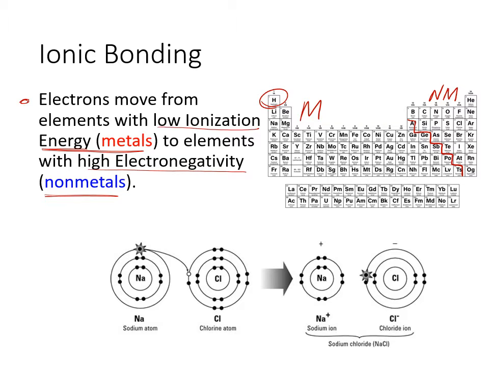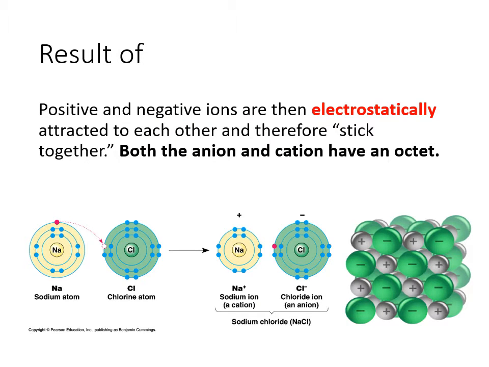We see this situation again. Sodium chloride is actually just Na pluses and Cl minuses attracted to each other. Now, this attraction is called electrostatic attraction. They basically stick together.